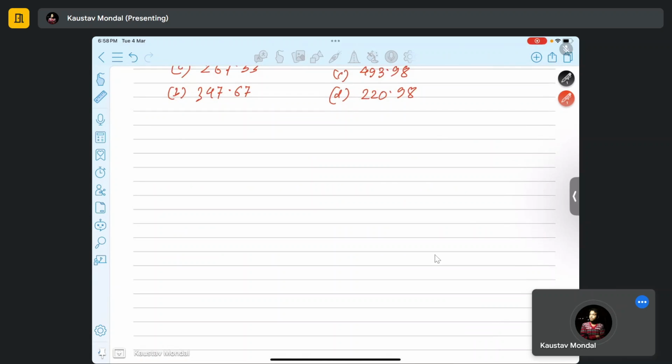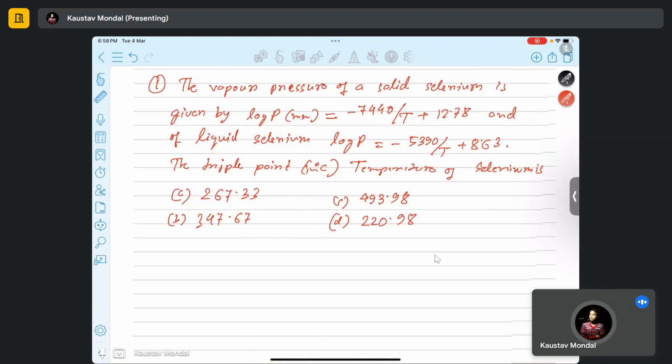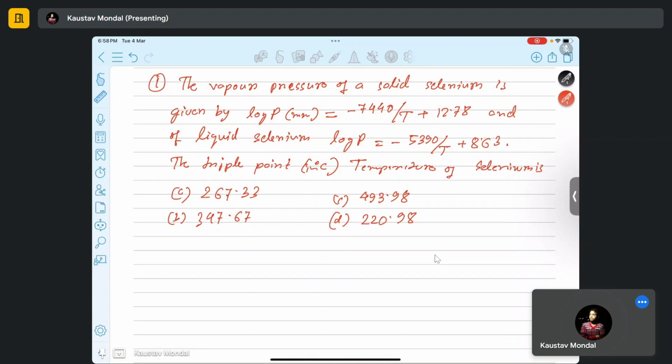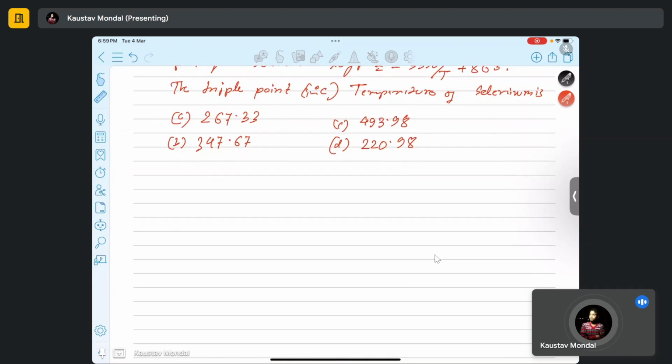So you have to find out, based on this information, what is the triple point of selenium. Before solving this problem, let's briefly discuss what a triple point is.